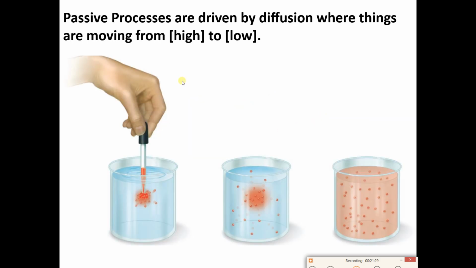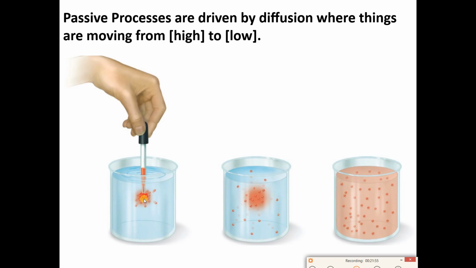Now, again, to reiterate, passive processes are driven by diffusion, where things are moving from a high concentration, those little brackets mean concentration, by the way, to a low concentration. If I drop some dye in a beaker of water, right here, the concentration of dye is going to be very high, and of course it's very low, it's nothing around here.